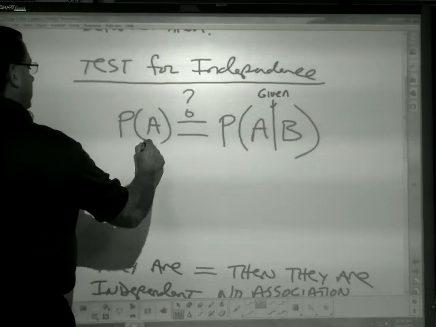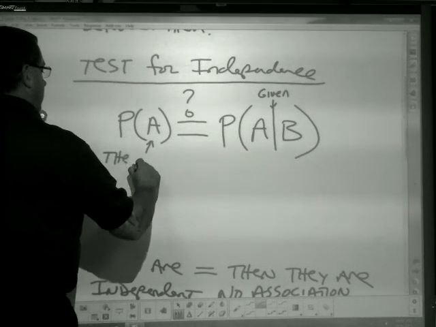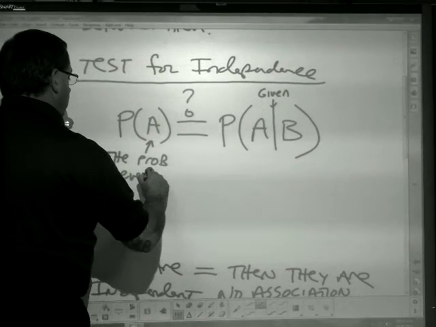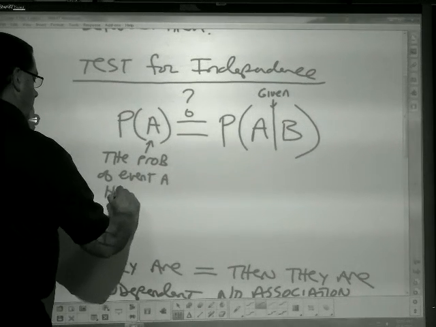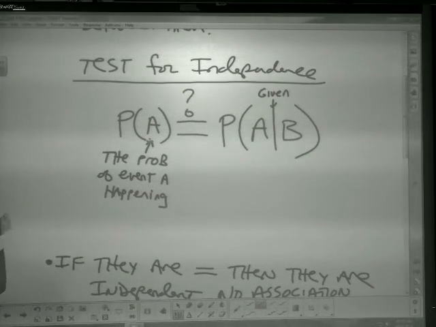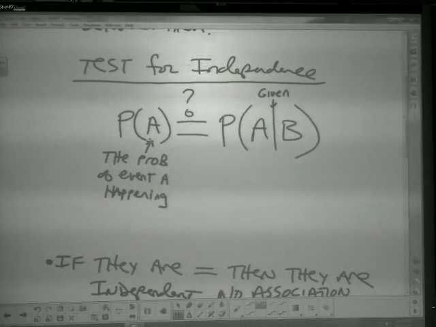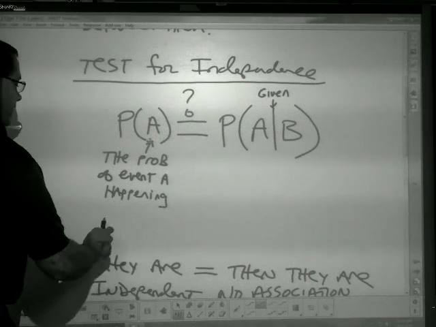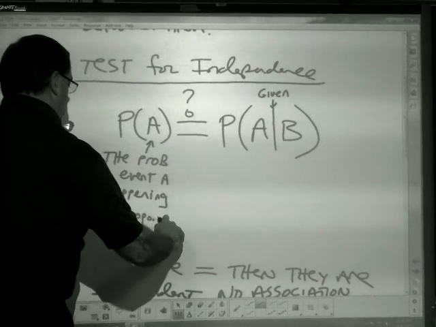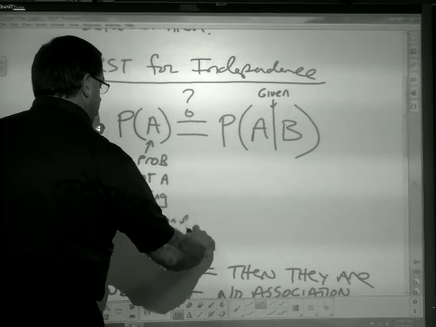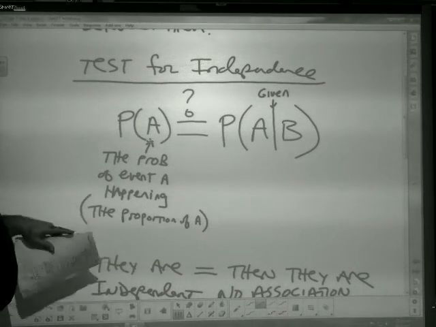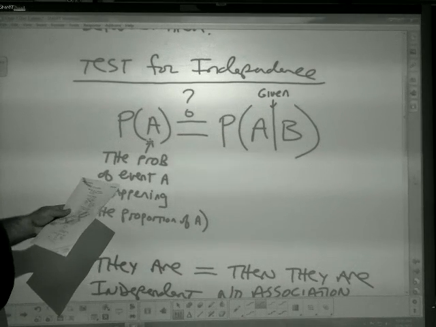So this is the probability of event A happening, which is also the same as the proportion of A. If you read it from the table, you can just read off the proportion of event A. Okay?